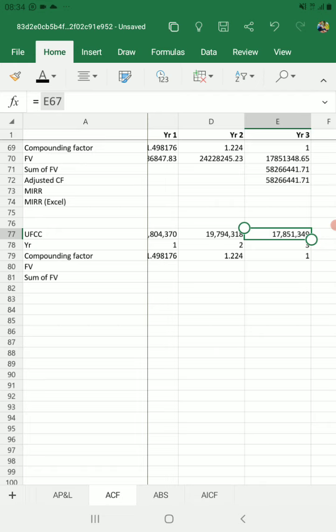Okay, so that cost could be a negative figure. Of course, definitely cost is a negative. It's a cash outlay.